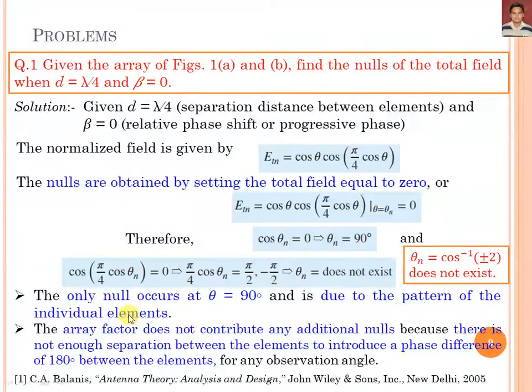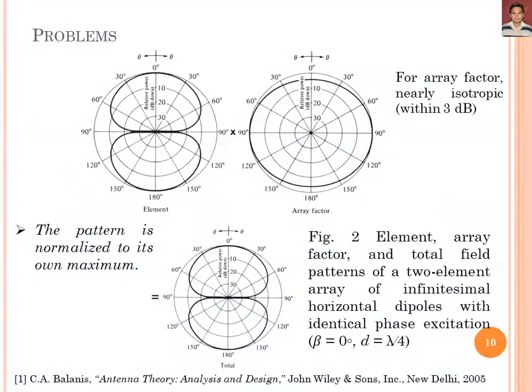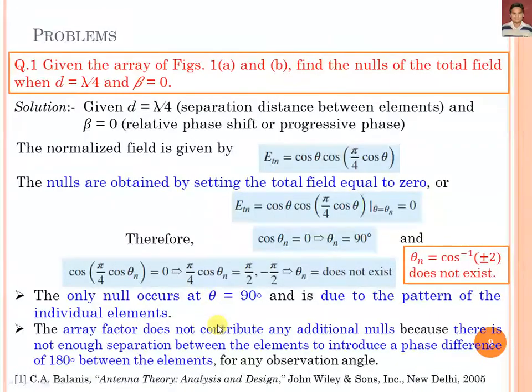And then further we have to draw the radiation pattern of this problem. Then you will get the electric field due to the individual element, and we are getting nulls at theta equal to 90 degrees.